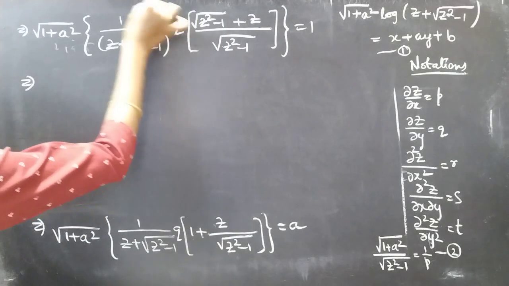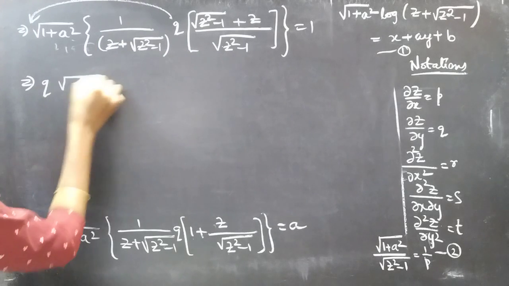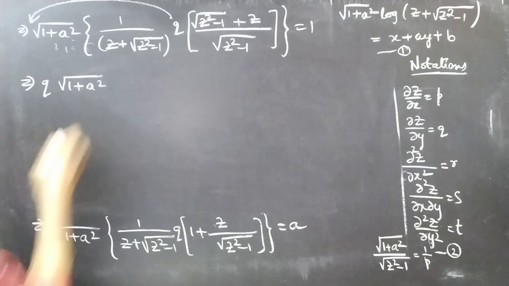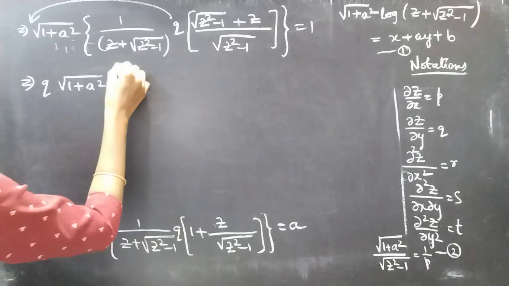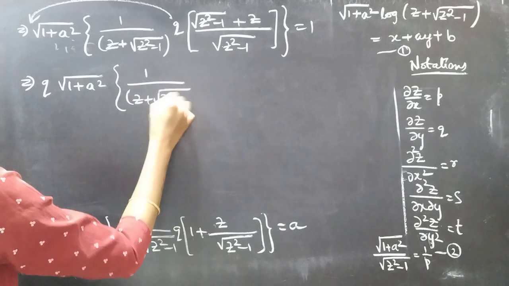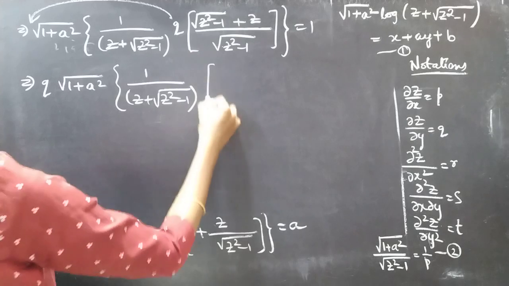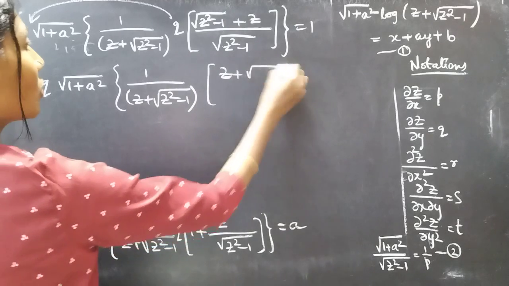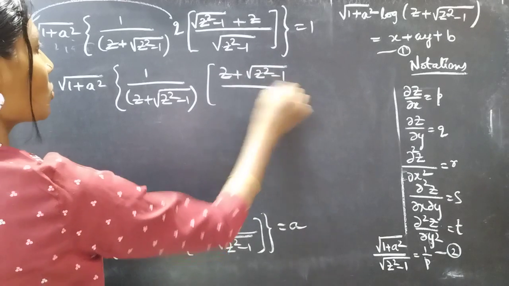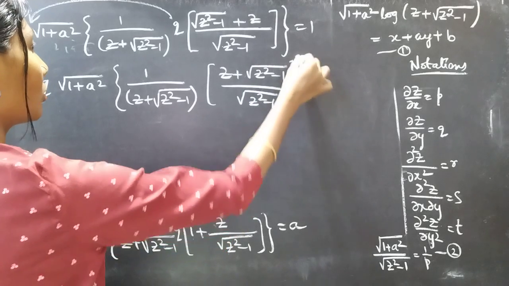Now let's bring this here. We'll get q into square root of 1 plus a square into 1 by z plus square root of z square minus 1 into, we can write this fraction as z plus square root of z square minus 1 by square root of z square minus 1.